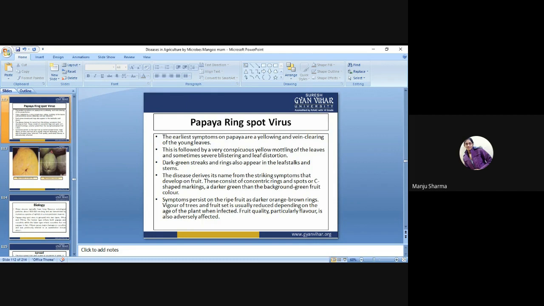Vigor of trees and fruit set is usually reduced, depending on the age of the plant when infected. Fruit quality, particularly flavor, is also adversely affected.